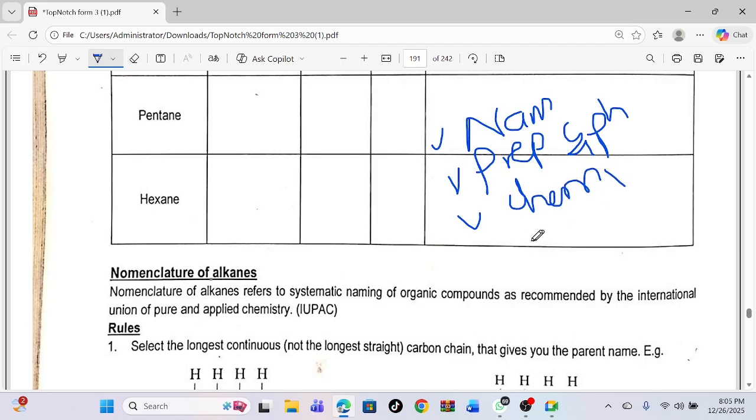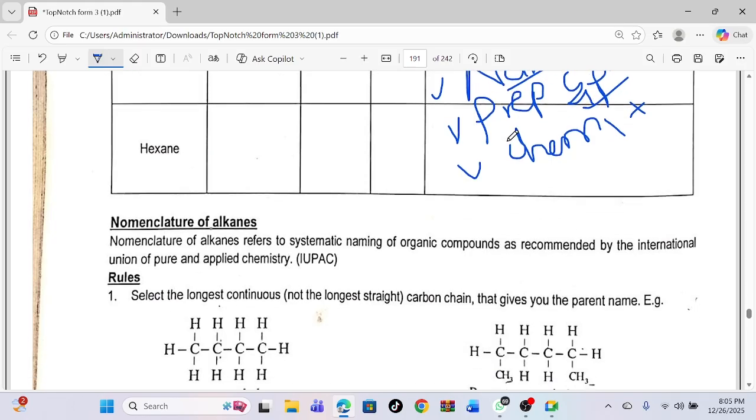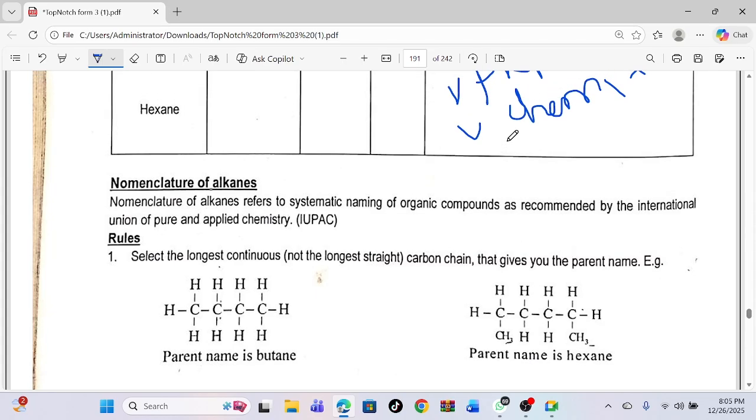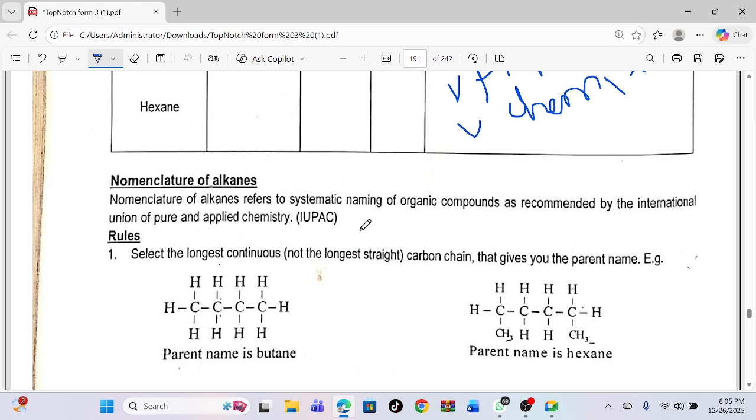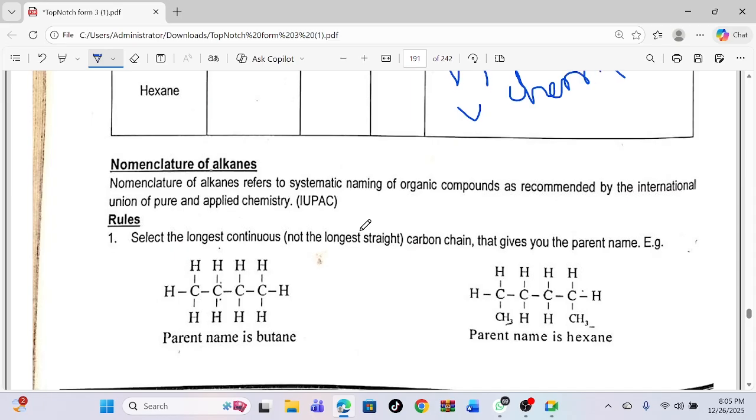So today we are not looking at chemical properties. We are looking at these two, naming. Because in organic chemistry, when we name, we follow specific rules, and those rules are taken from something known as nomenclature.